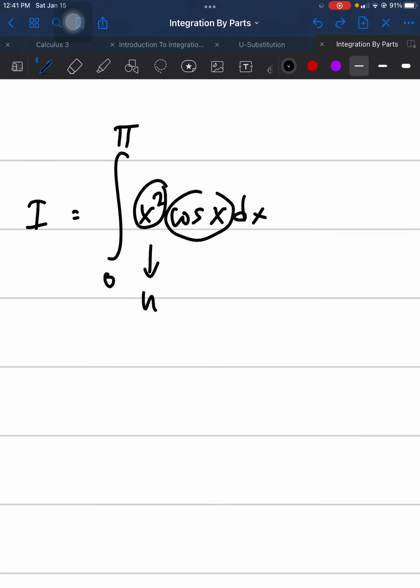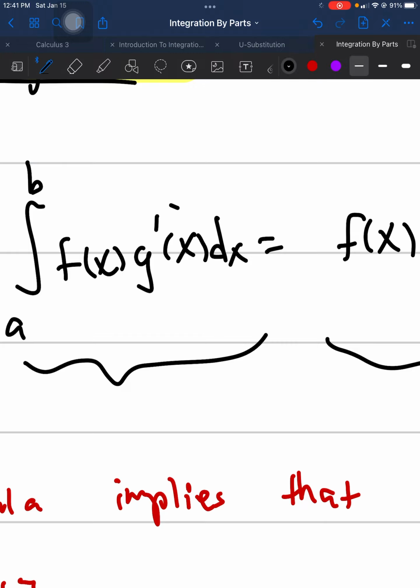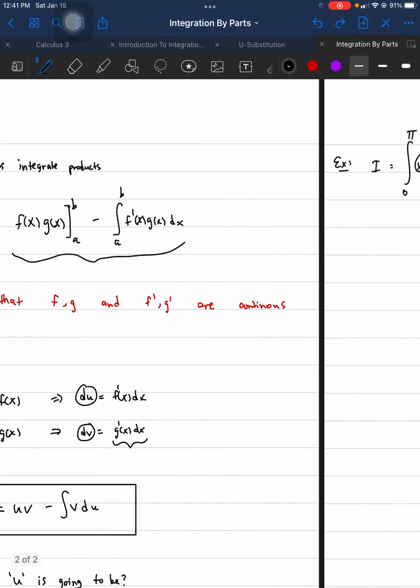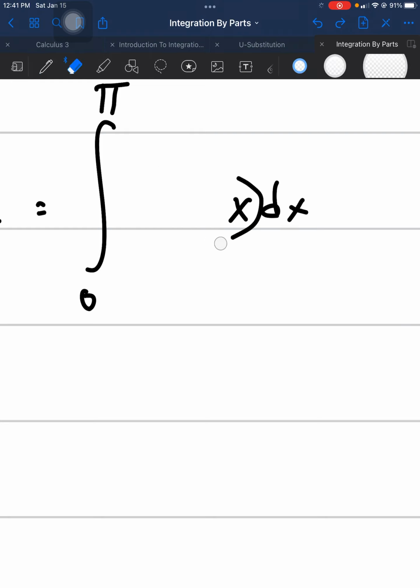So we need to first determine how we can switch this cosine x into something that looks like g prime of x dx. That's easy because we know the derivative of sine is cosine, so we can write that here.